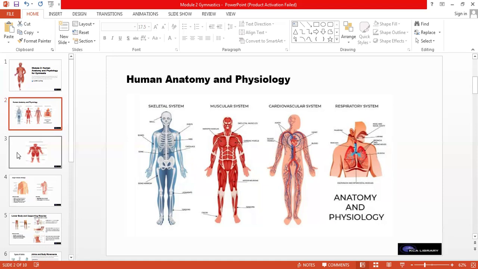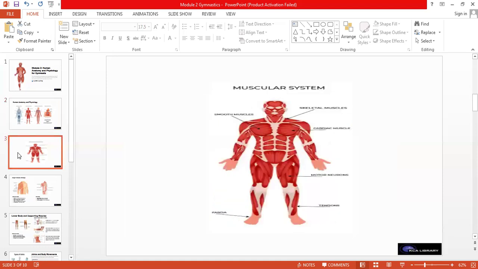It has the skeletal muscle, the smooth muscle, the cardiac muscle, the motor neurons, the tendons, and the fascia. And this is just a breakdown of the muscular system.